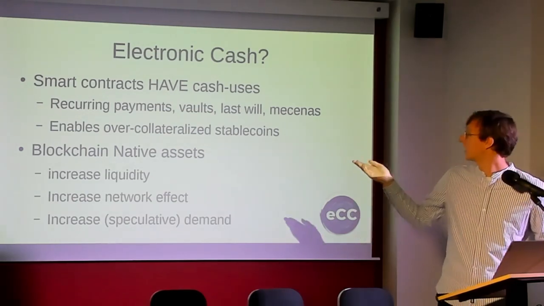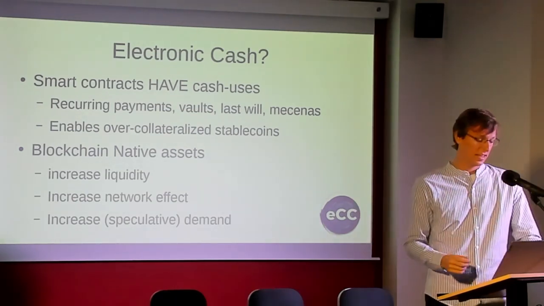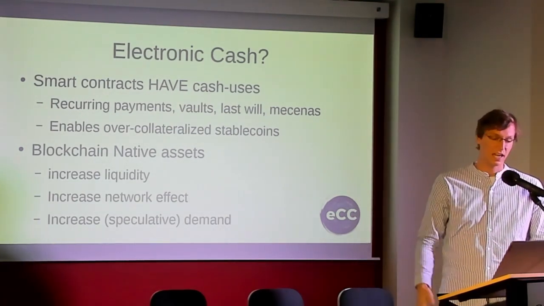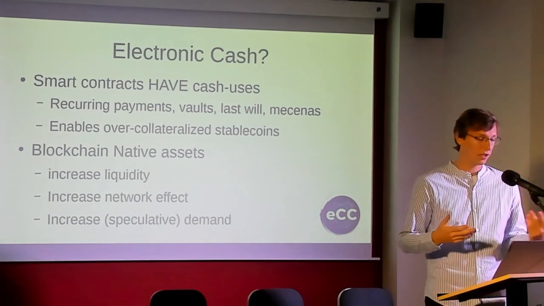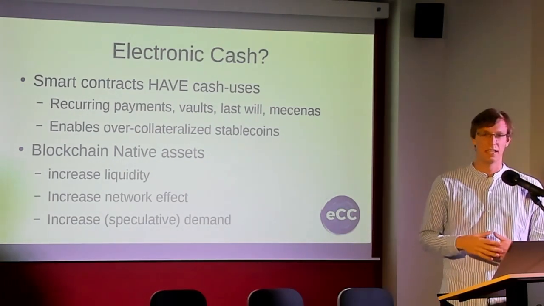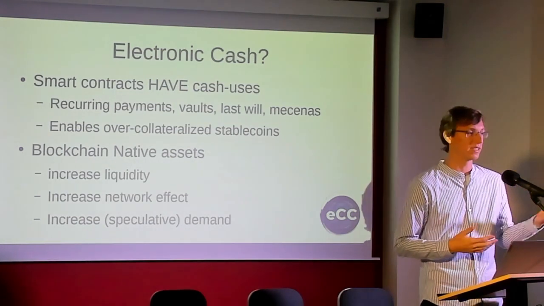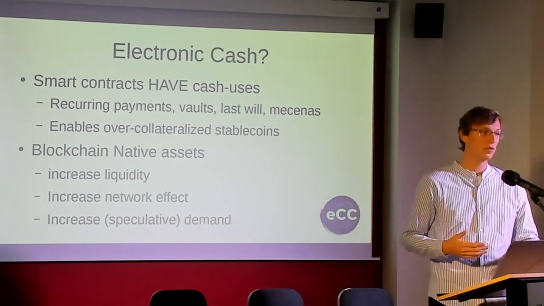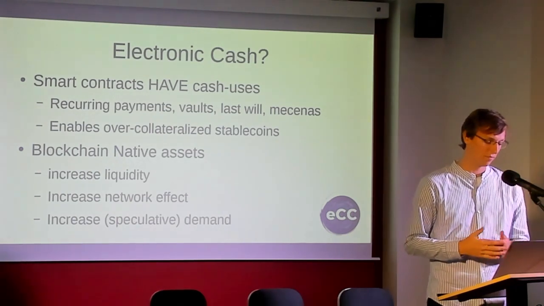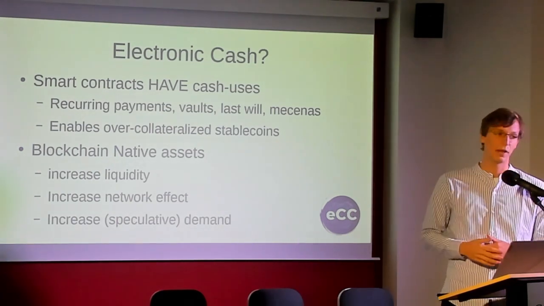And then secondly, for electronic cash, there's also blockchain native assets. So these blockchain native assets are things that are traded on the blockchain, so they might not have any real world representation. So they are different from tokens which represent things in the real world, but they do still have positive effects on the underlying native asset of the blockchain. For example, they increase liquidity.